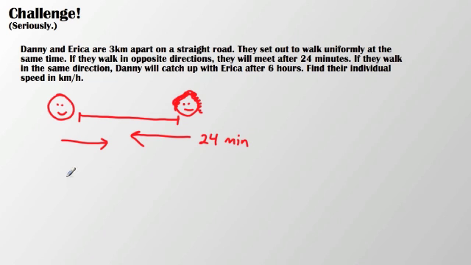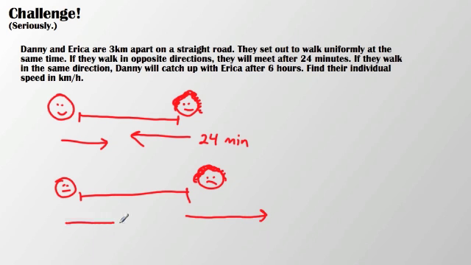If they walk in the same direction, Danny will catch up with Erica after 6 hours. Find their individual speed in kilometers per hour.